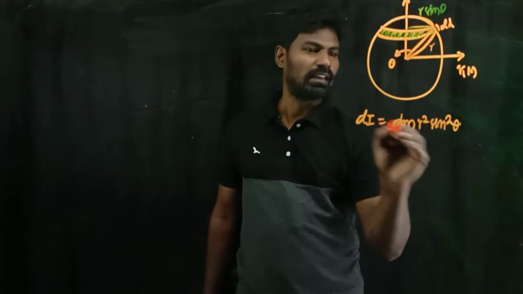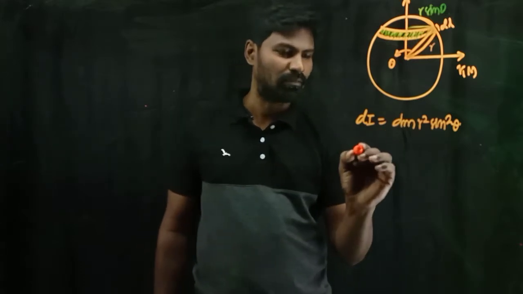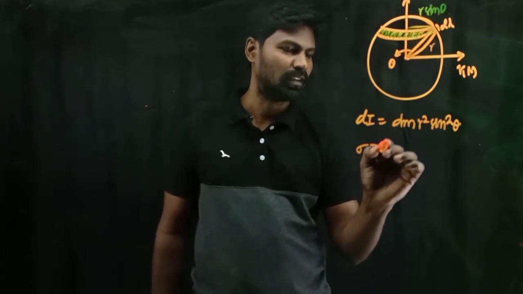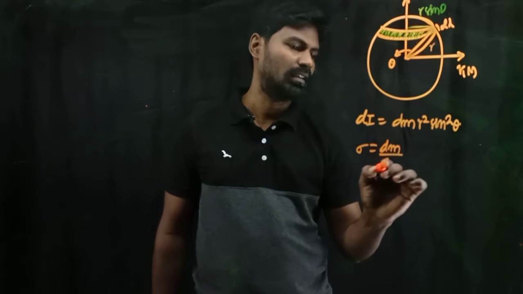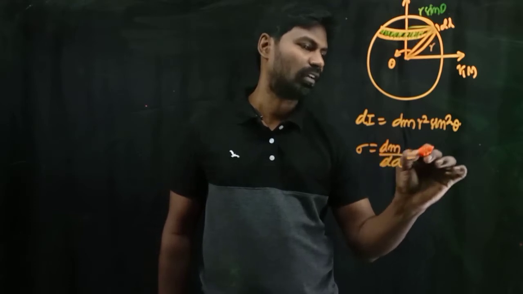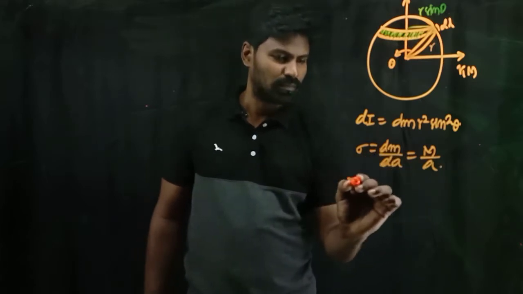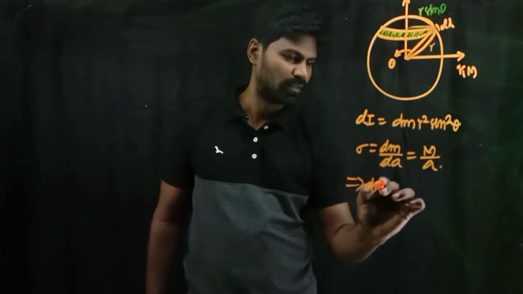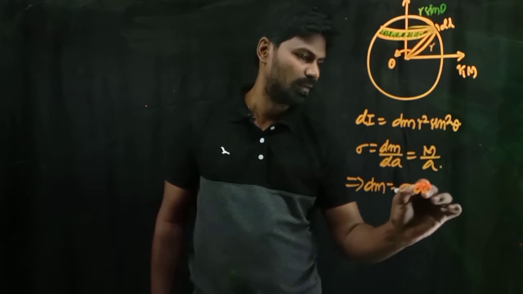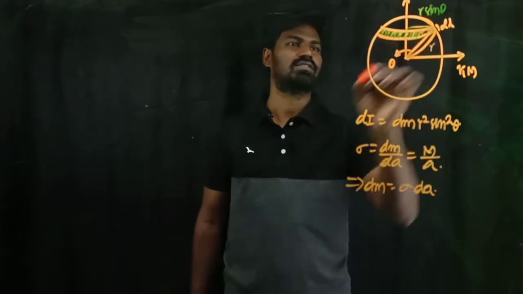Next, the problem is how to calculate dm. To calculate dm, I am defining sigma as mass per unit area, dm divided by dA, which equivalently we can write as total mass divided by total area. So through this, dm is equal to sigma dA. Now the problem is how to calculate the area of this strip.